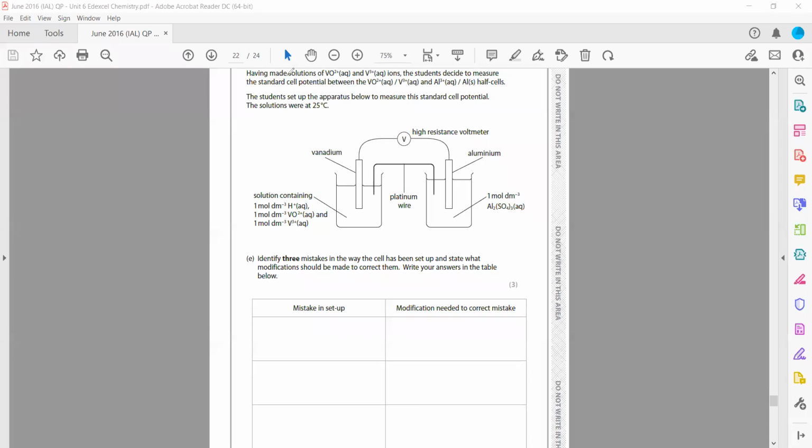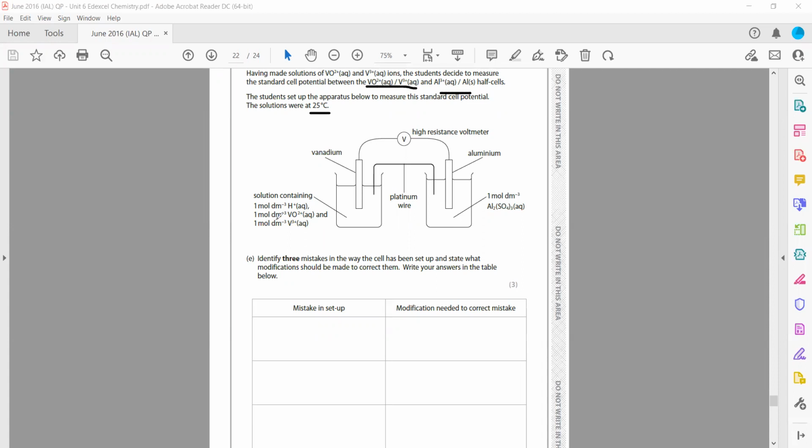Last part: having made solutions of vanadium 5, 4 and 3, a student decided to measure the standard cell voltage for vanadium 4 and 3 and aluminium 3 to aluminium. The student set up the apparatus to measure at 25 degrees centigrade, with a high resistance voltmeter, aluminium and vanadium.